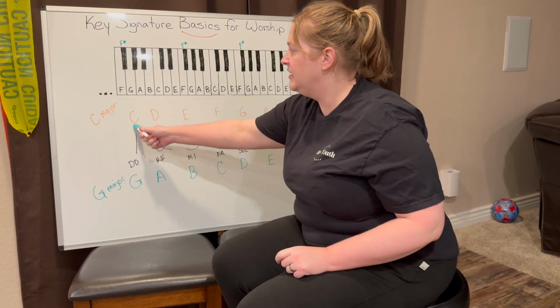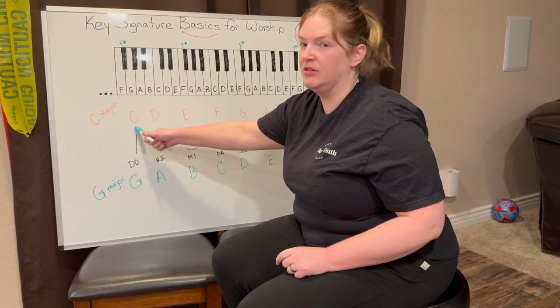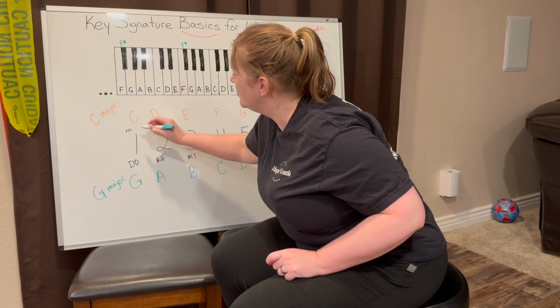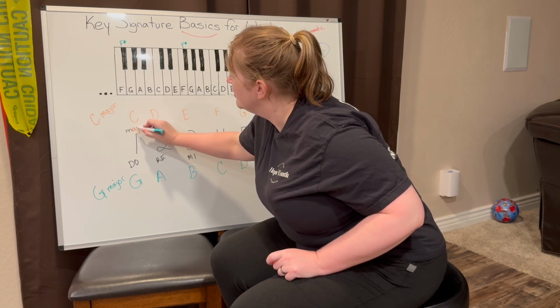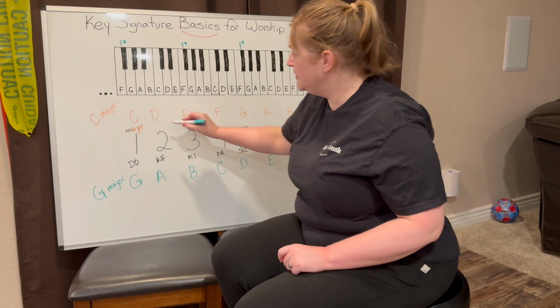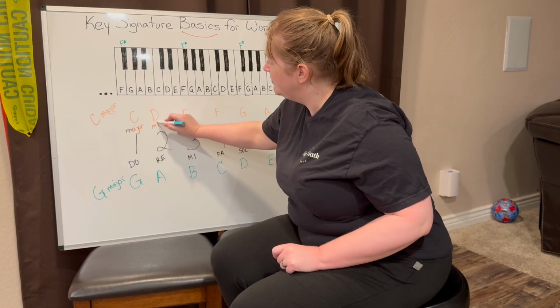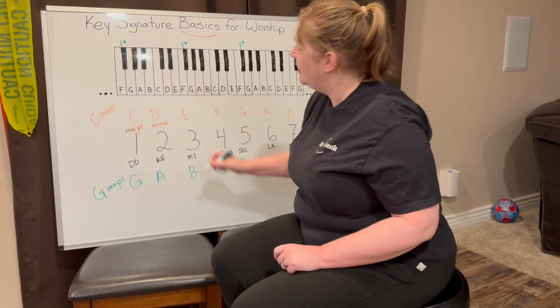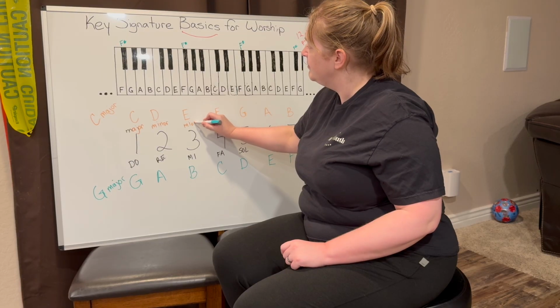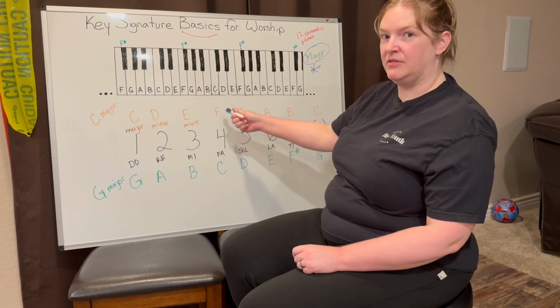you would get the first chord is a major one. Oh, I totally messed up this. There we go. The second chord is what we call a minor chord. The third is also a minor. The fourth one is going to be major.